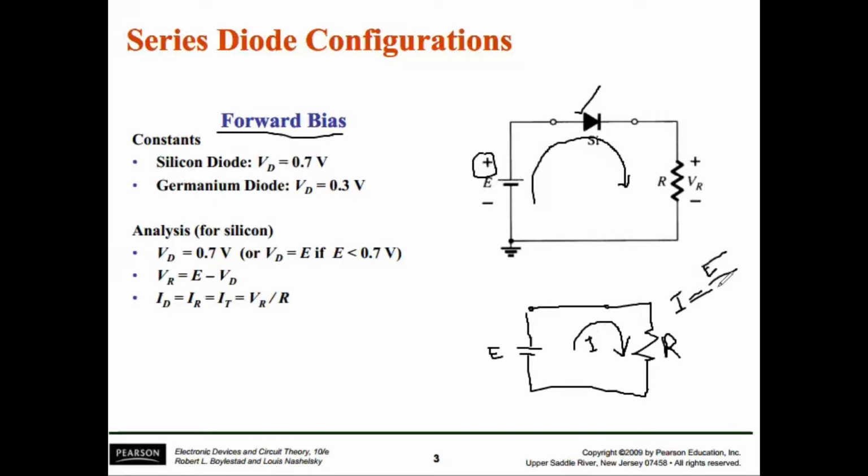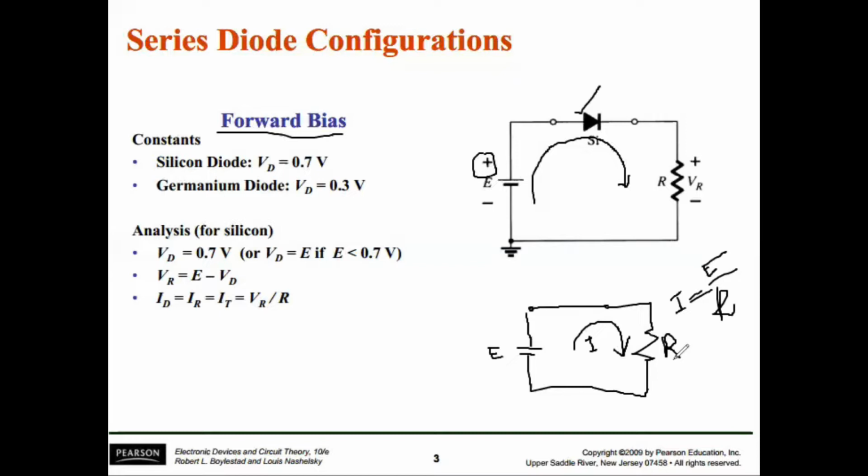It can be calculated by this formula, and the value of VR in this case will be equal to IR. The current is known. I have already told you that there are basically three quantities concerned with any electrical component: the voltage, current, and the resistance or impedance of the component.